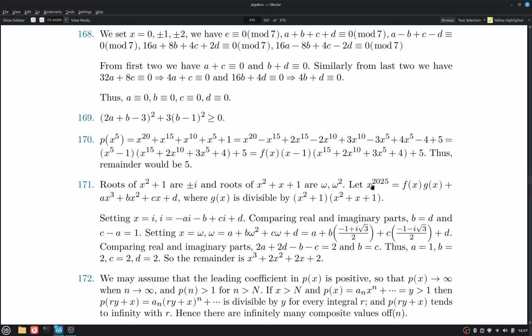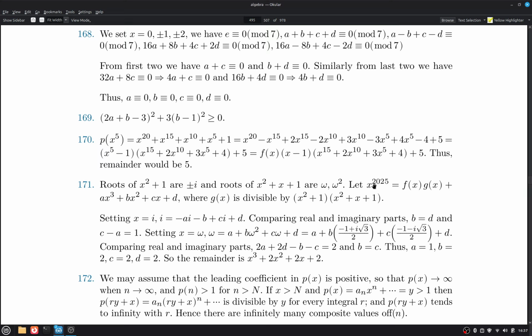If you substitute omega here, it would become 1, and then we compare real and imaginary parts. You get the idea of what we are trying to do here.